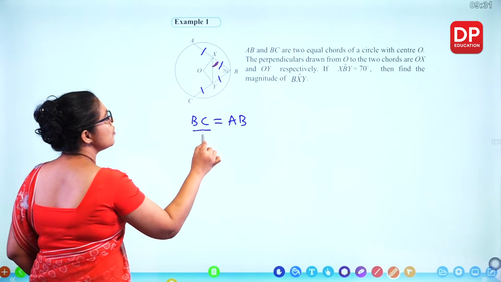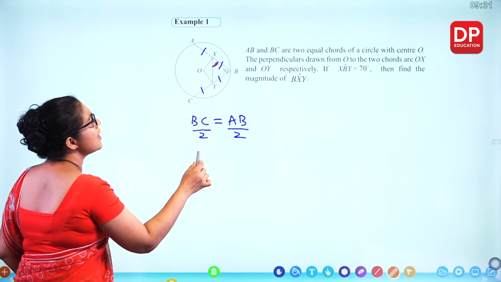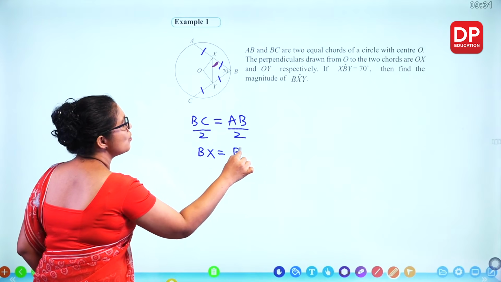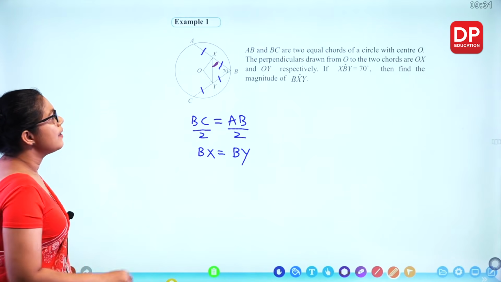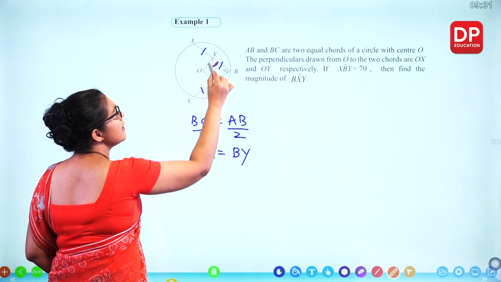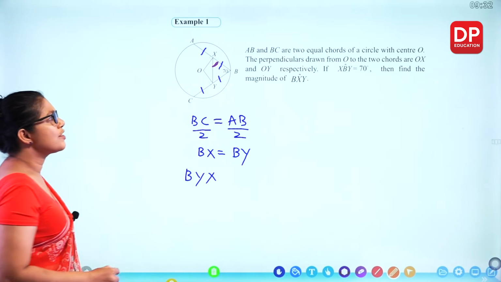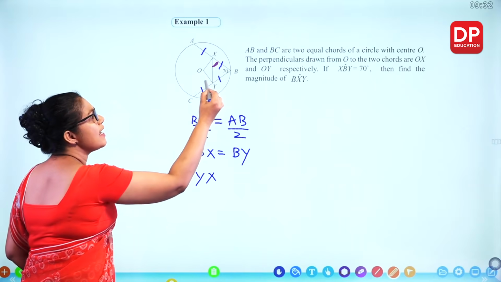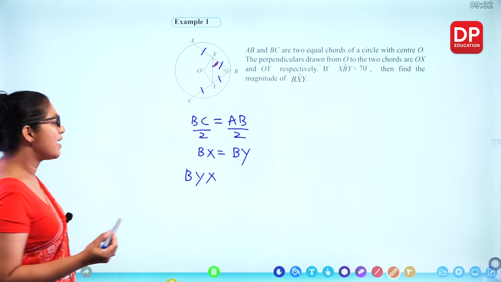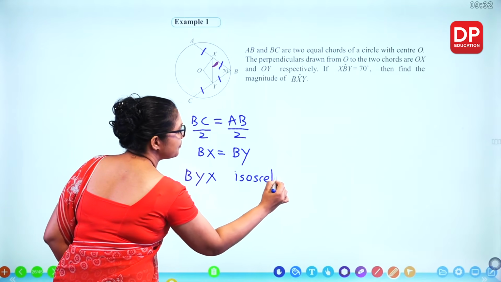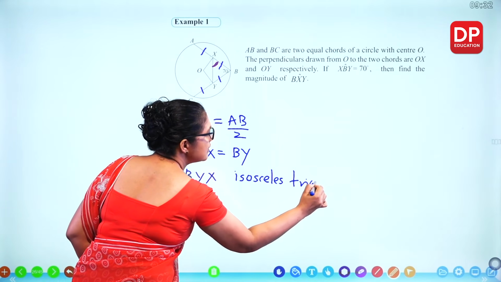When you divide by 2 on both sides, you can see that BX is equal to BY. Now when you look at triangle BYX, what can you say? Two lengths are equal, so you get an isosceles triangle.